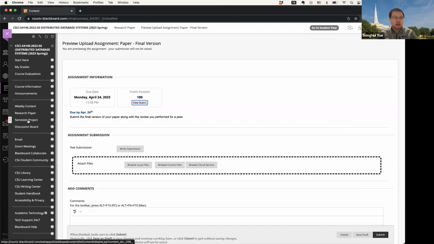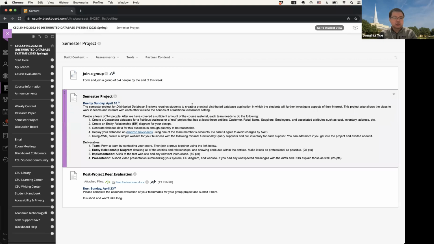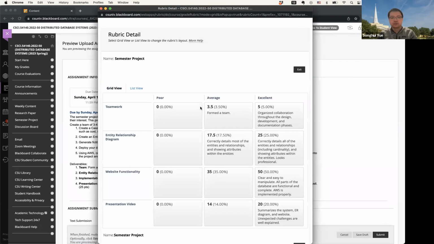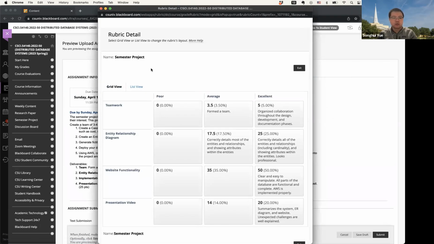And similarly, if we go to the research paper semester project, if you click the semester project, you can see the rubric too. This one will be graded based on the categories of teamwork, entity relation diagram, website functionality, and presentation video.